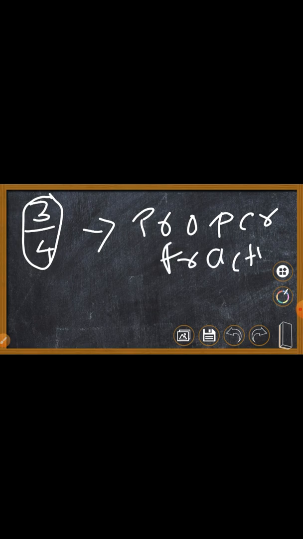One thing I want you to know is that every proper fraction in the world is greater than 0 but less than 1. Every proper fraction, whether it is 3 by 4 or 16 by 18 or 4 by 5.